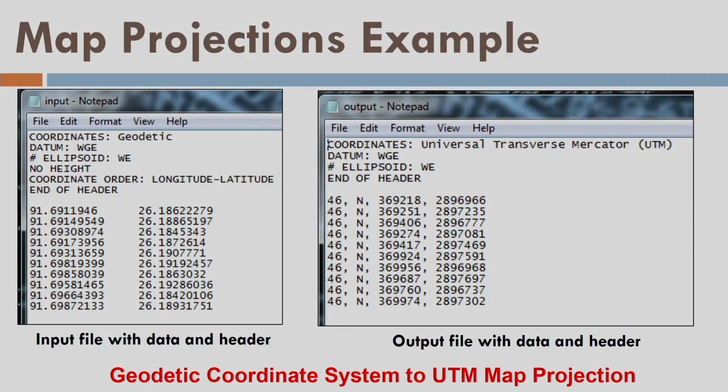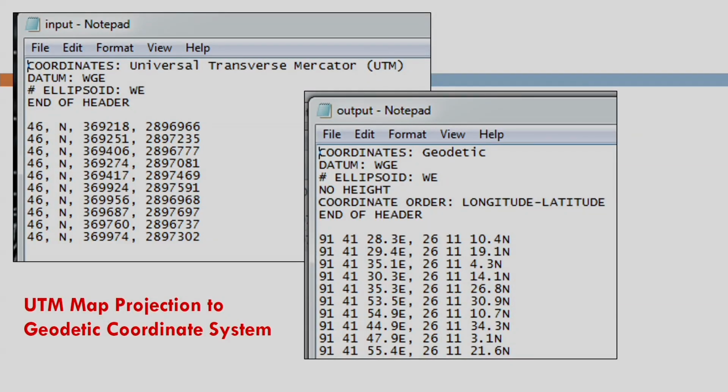So this was my input file, and here if I convert into UTM projection, you can see that it is the 46 N zone, and this is my X coordinate and this is my Y coordinate of the UTM map projection for this zone. Now here I am doing the reverse process. That means I am converting my UTM map projection, which is given here in the input file with 46 N zone, and this is my X and this is my Y coordinate.